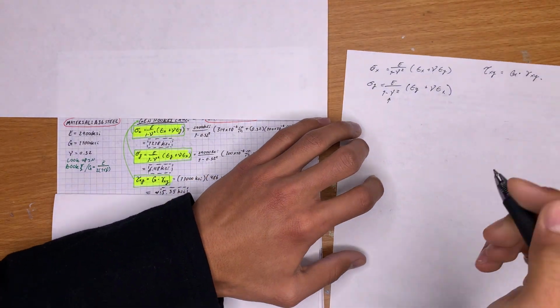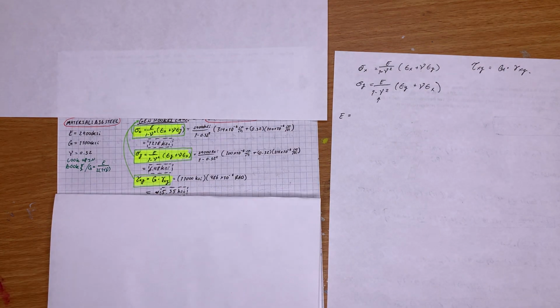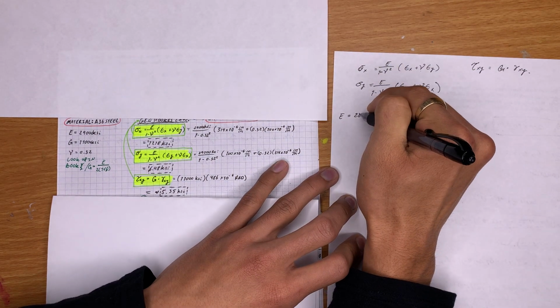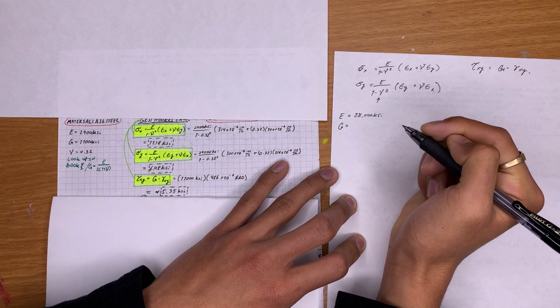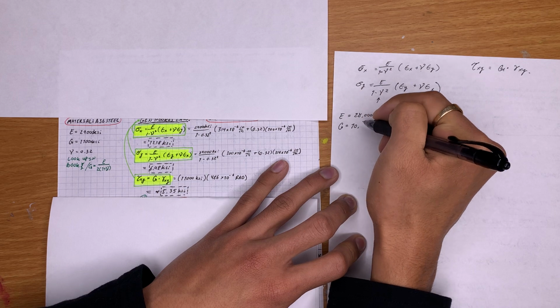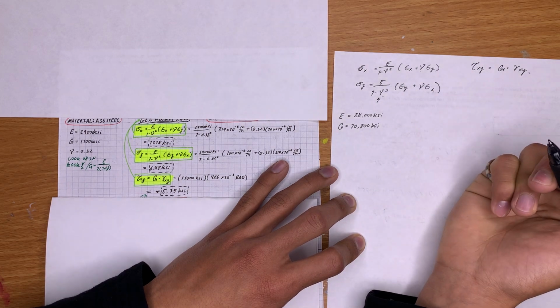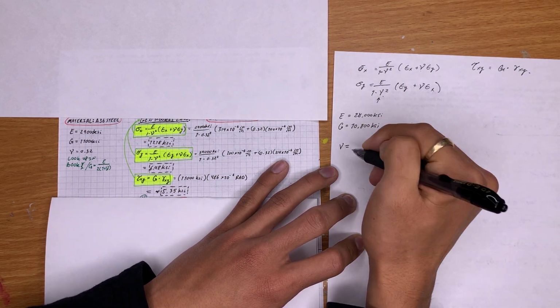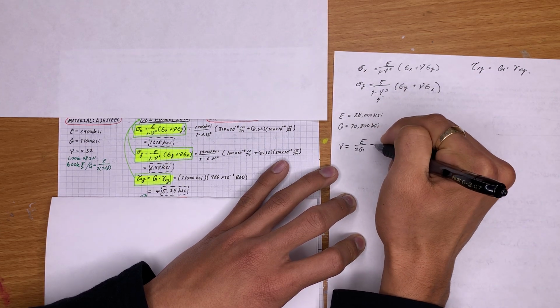So we look up the modulus of elasticity, aka Young's modulus, which is equal to 28,000 KSI, and the modulus of rigidity, which is defined as 10,800 KSI. And our equation to find this variable here, v, is equal to E over 2G minus 1.